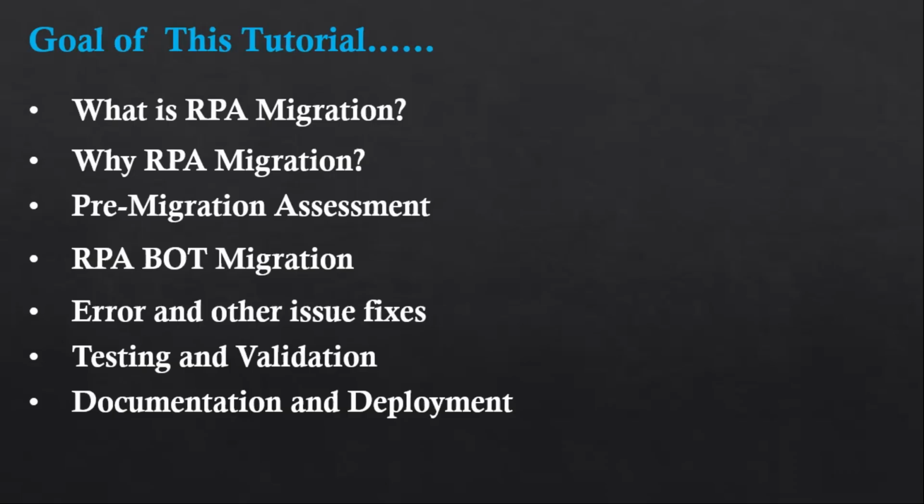Now you want to move to UiPath or Power Automate, or any other tool. Similarly, let's say your bot is running in UiPath and you want to move to any other XYZ tool. In that case, you have to go with the RPA migration. So this RPA migration is all about moving your bot from one RPA platform to another RPA platform.